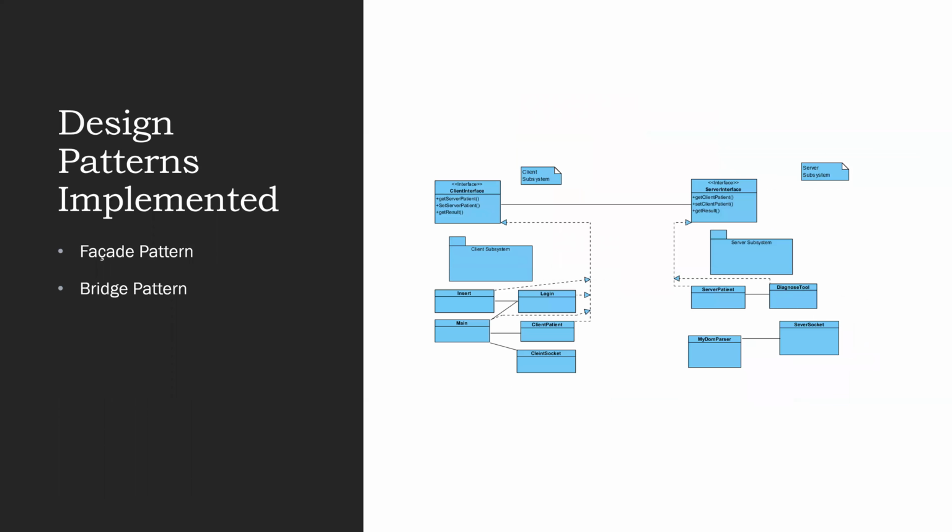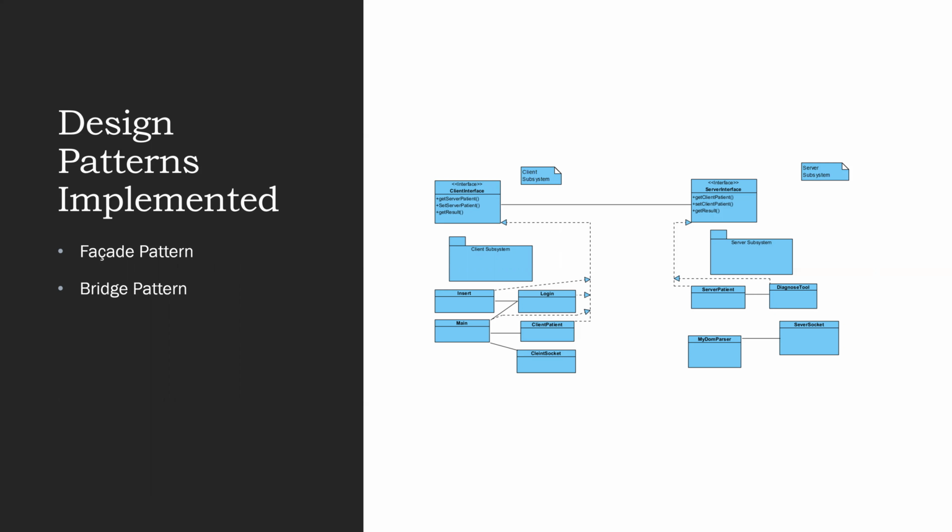So the design patterns implemented were facade and bridge patterns. Like we saw earlier, the facade pattern reduces coupling. So it provides the interfaces through which all communication between the subsystems is possible.